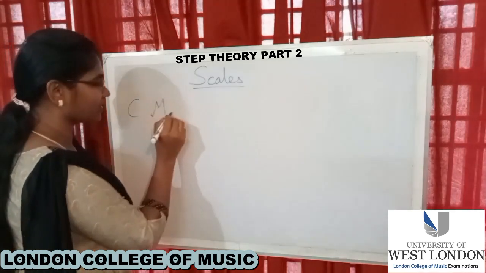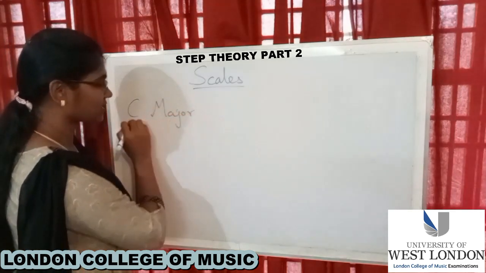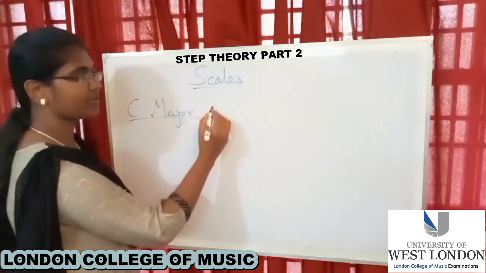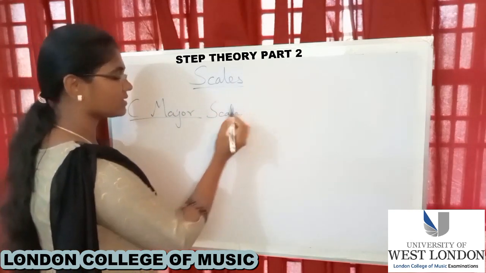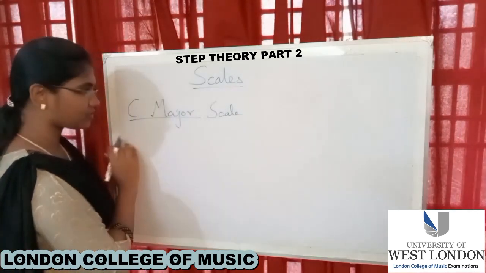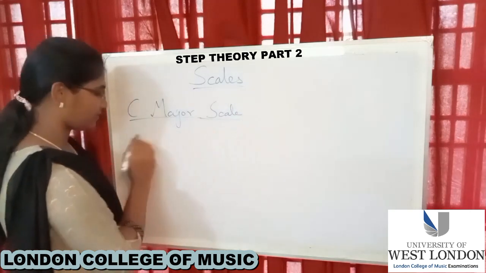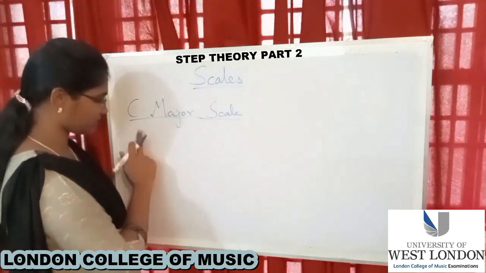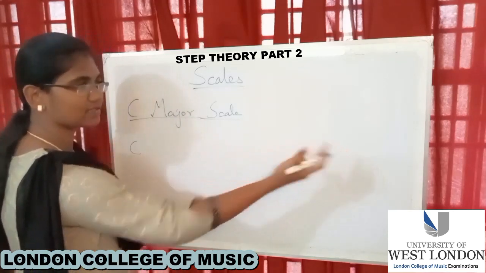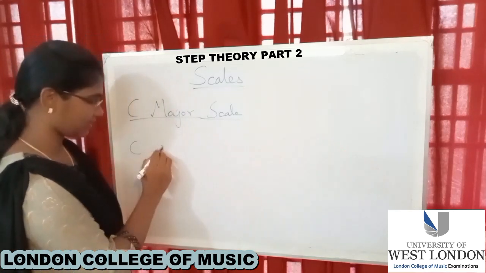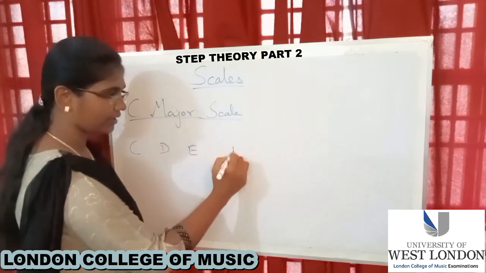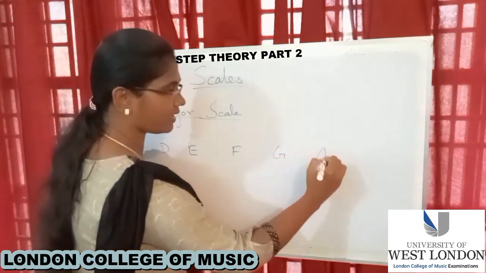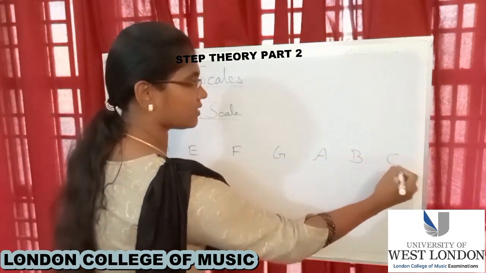Now C major. Okay. C major is a very, very important scale. C major scale. Okay. To write any scale, we have to start with the same note as the major denotes. From C to the next octave C, you have to write C, D, E, F, G, A, B, and then C. Okay.